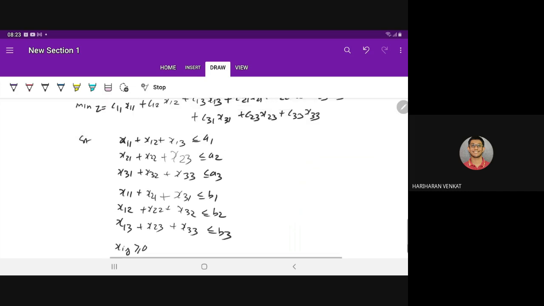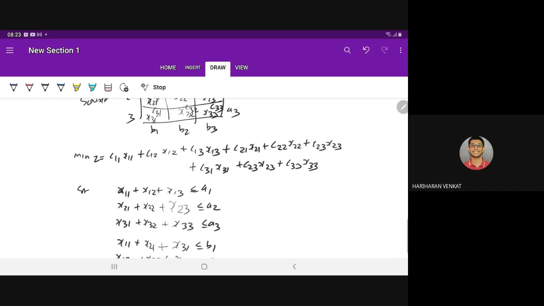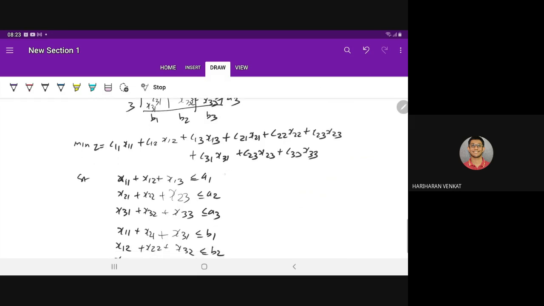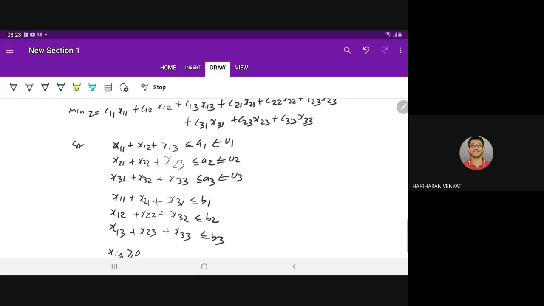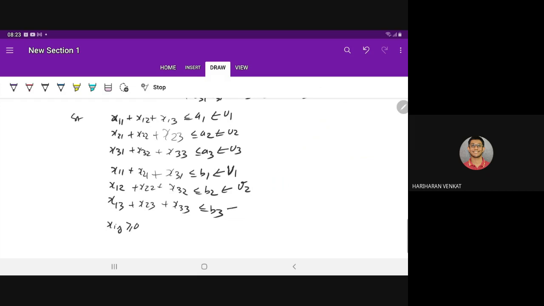So this is the translation of the transportation problem as a linear program. Now, if you take the dual of this, you associate dual variables, let's say u1, u2, u3, corresponding to these constraints, and dual variables v1, v2, and v3 corresponding to these constraints.